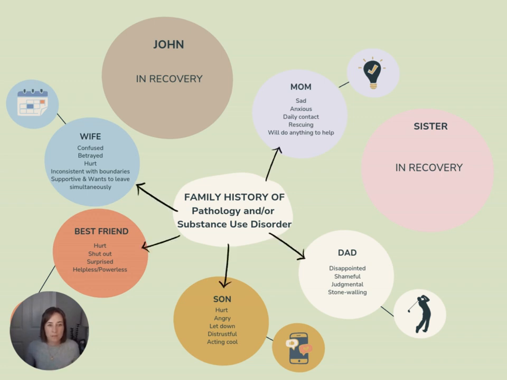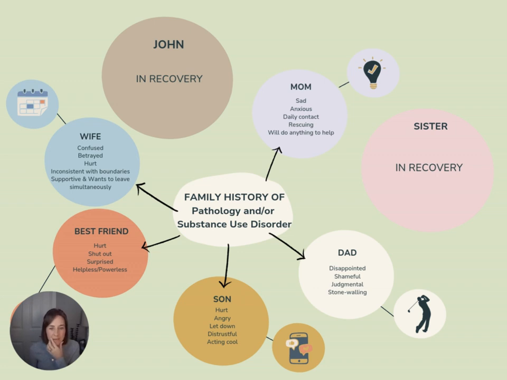I want to give this example really concretely, and I'm going to do that through talking about my family system. So, this image for me and my family was about 2 years into the process of my own recovery.